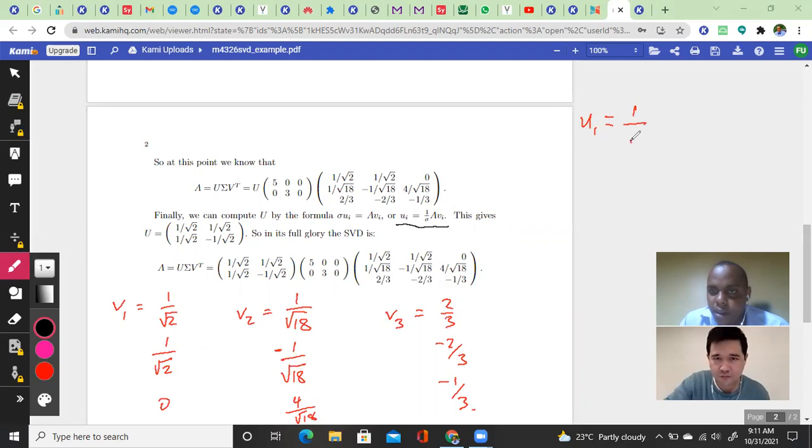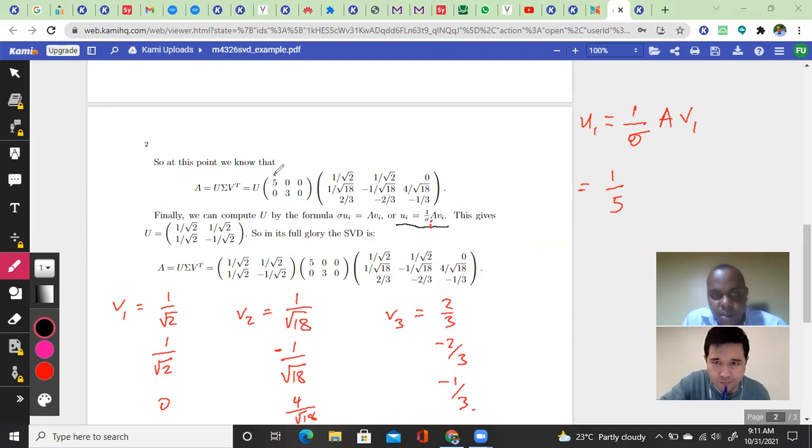It's 1 over sigma A multiplied by V1. Okay, so it's going to be 1 over 5. I think they should have said sigma I maybe, but we are going to see about that.